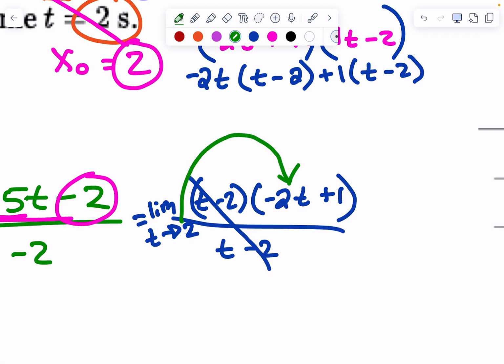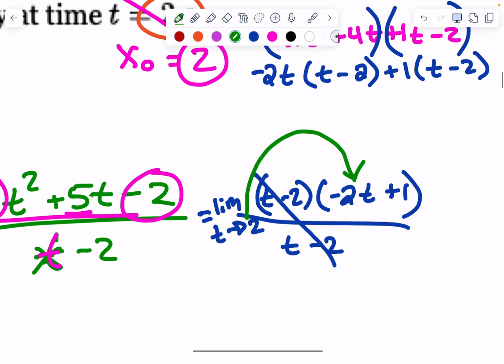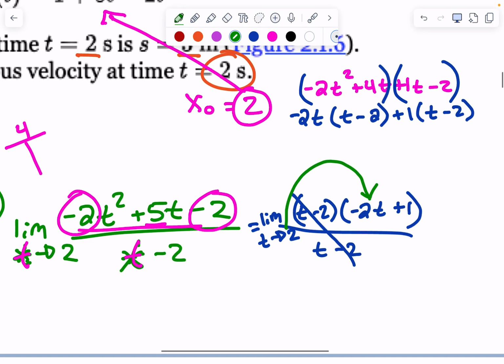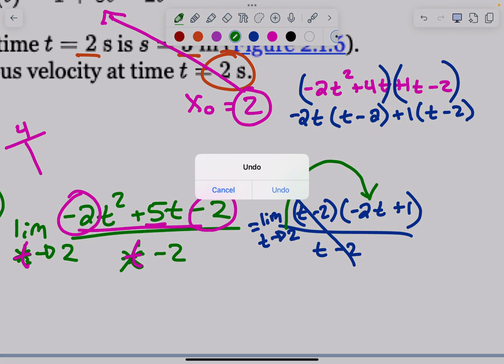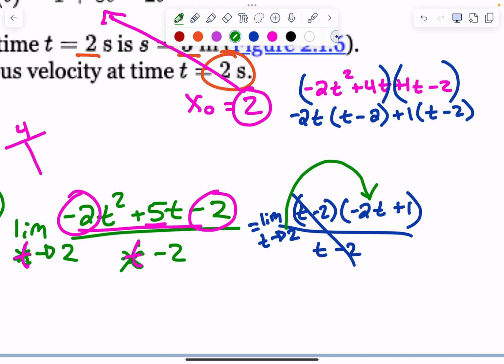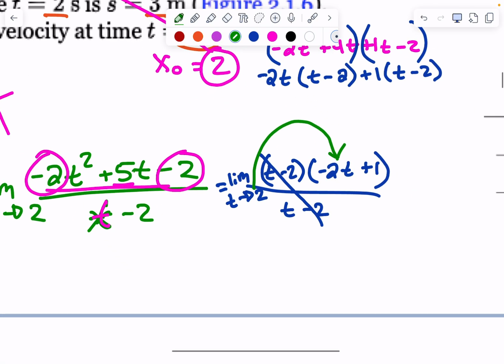All we did was factor it as a complex trinomial and we got those two factors. After I get rid of that, negative 2t plus 1 is what's left over.